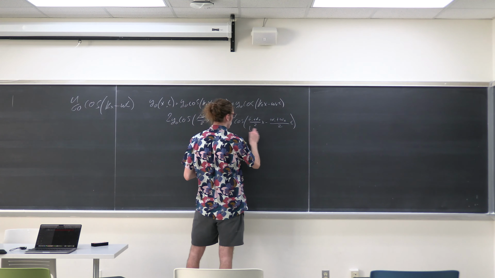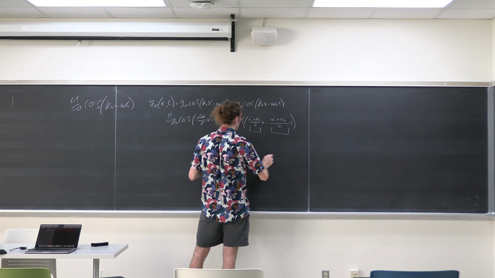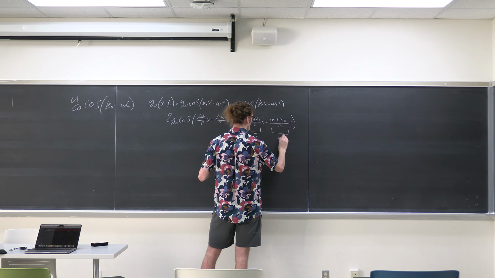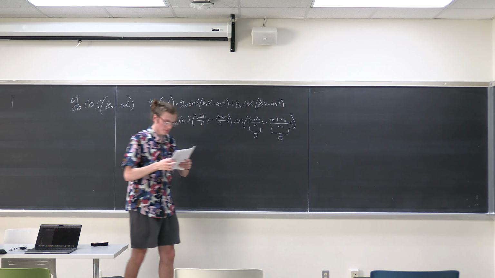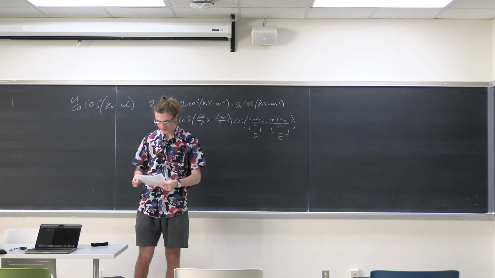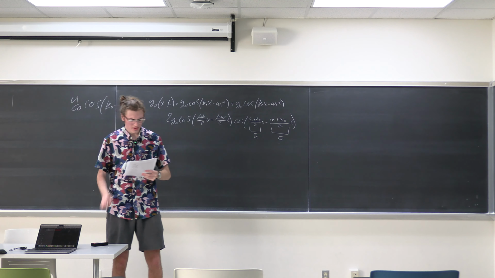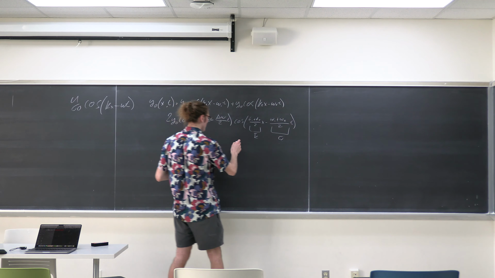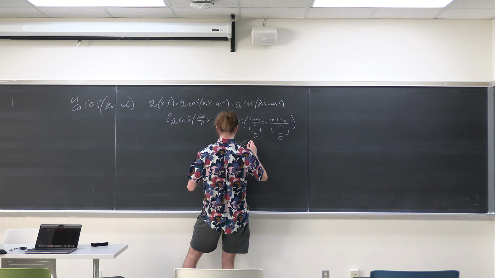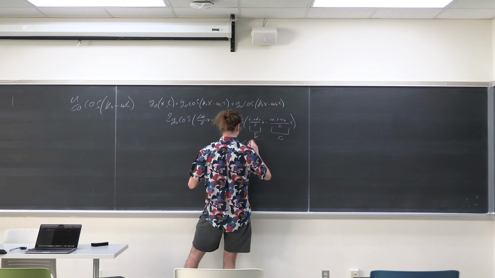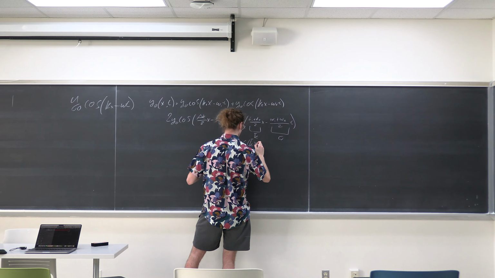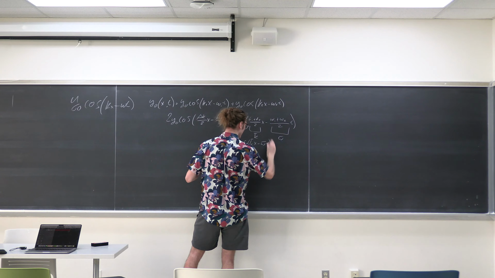Now this and this, I will just write from here on as k bar and w bar for the average value. And so this here actually turns into cosine(k bar x minus w bar t).